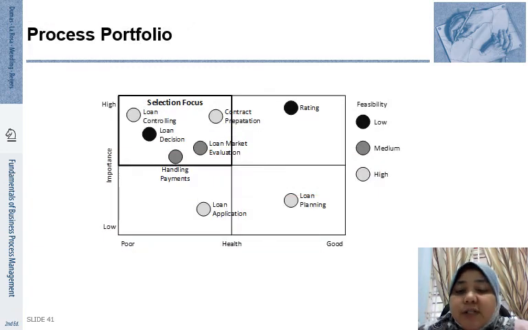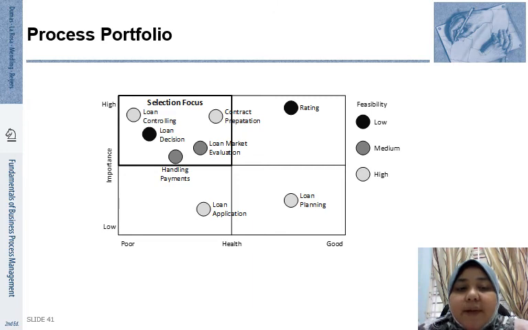Yang ini contoh proses portfolio. Balance scorecard adalah outcome, output dia. Proses portfolio pun dia punya outcome. Dan so proses portfolio ni dia akan categorize according to dia punya grid. Importance, health, high and low, poor and good. Okay, then feasibility ni selection dia lah.